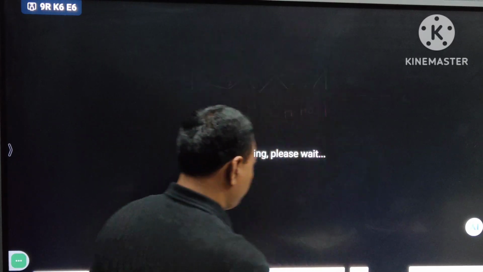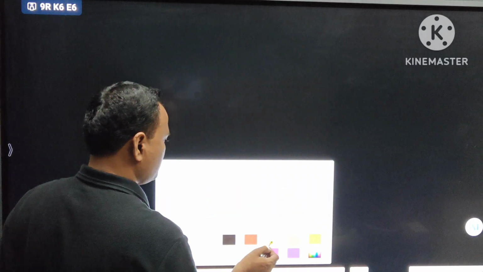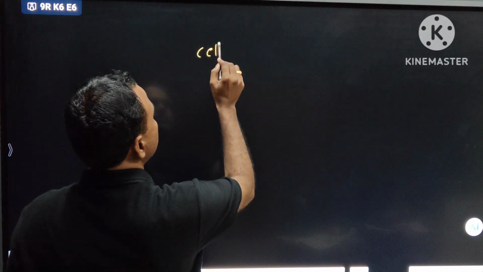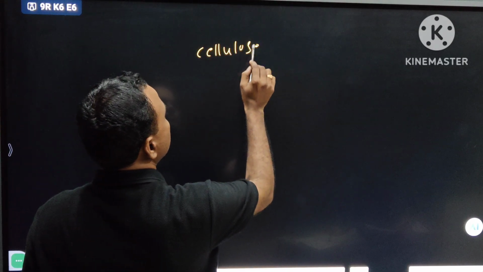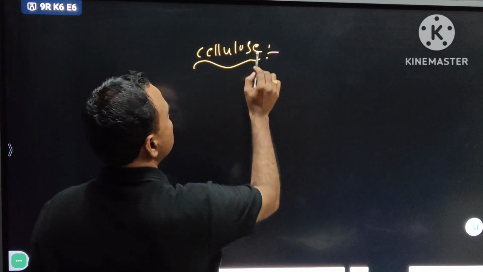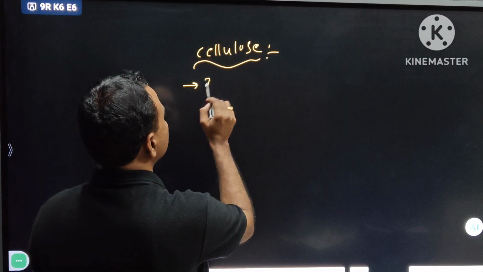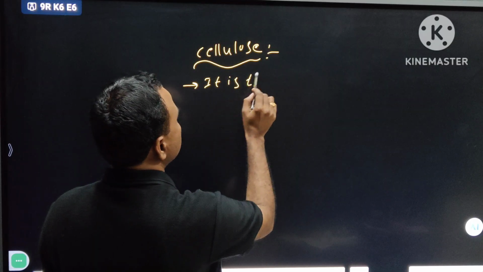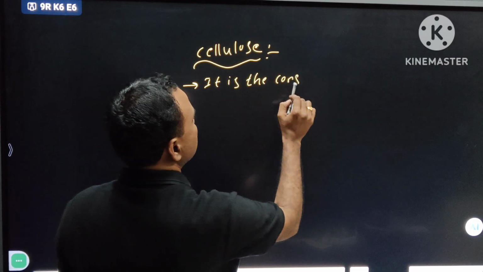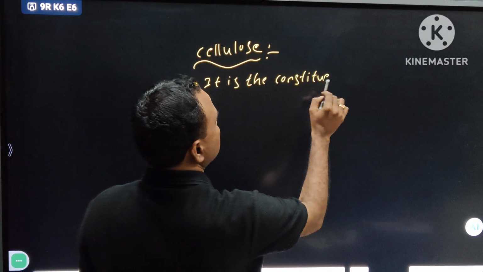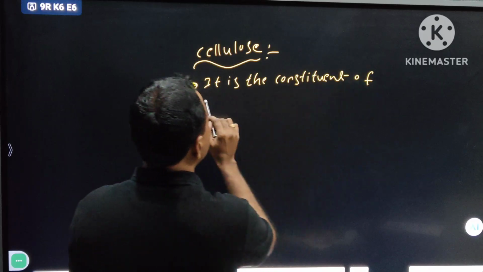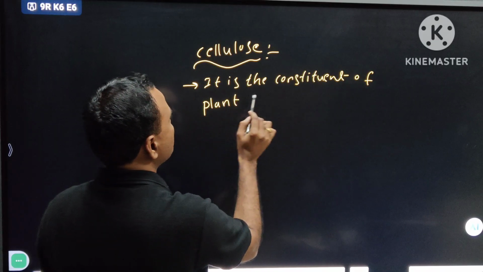Next, cellulose. It is the constituent of plant cell wall.